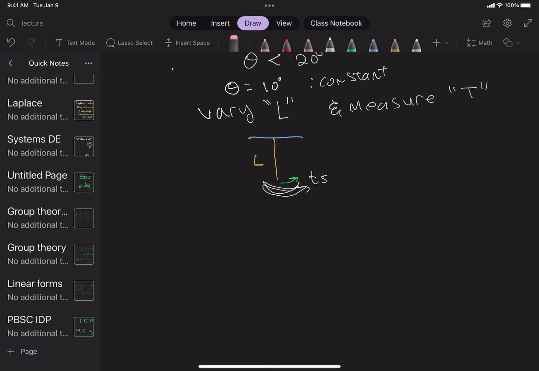And then after that, you're going to increase the pendulum's length to a new value. So let's just say that the first length here is 0.3 meters. And then you're going to increase the length of the pendulum to 0.4 meters.